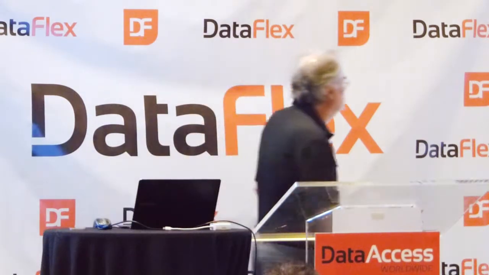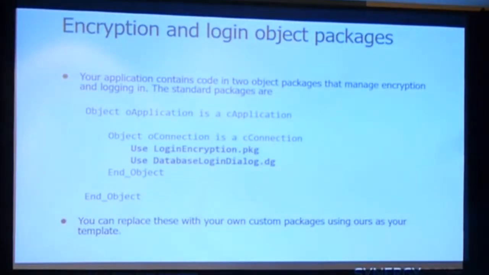And then our applications in the studio use a similar technique. This is the part of the connection string that uses something called object packages. This is the login encryption and the database login dialog. This handles the custom encryption. This handles the login. We provide these two packages.